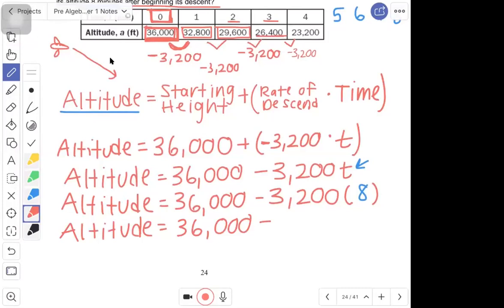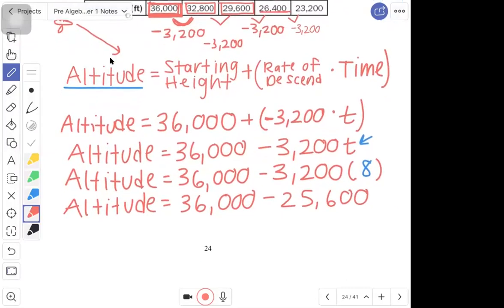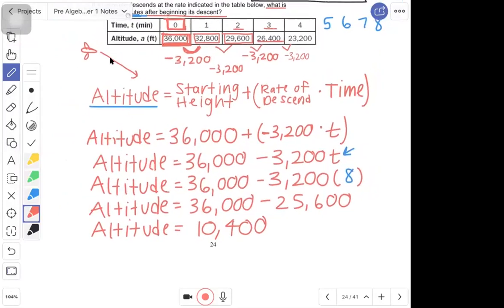25,600. Nice. And now what's 36,000 minus 25,600? 10,400. Nice, good. And so what is this 10,400? It's our altitude.